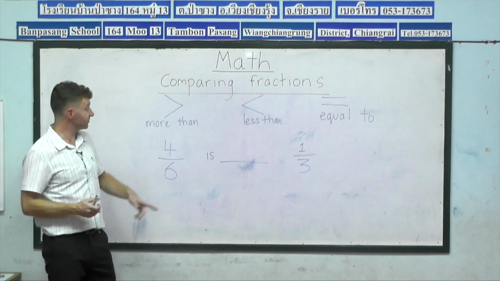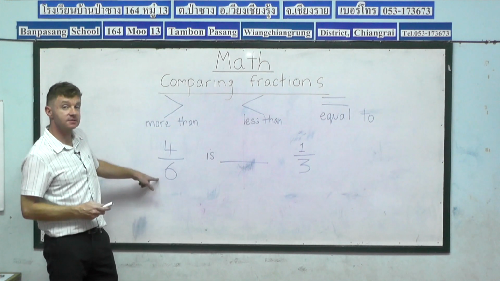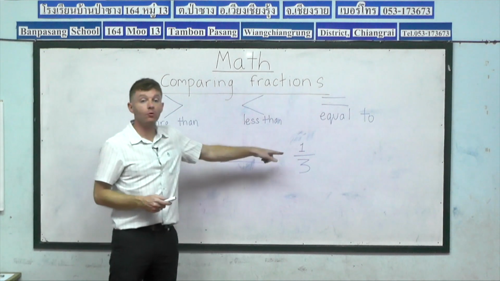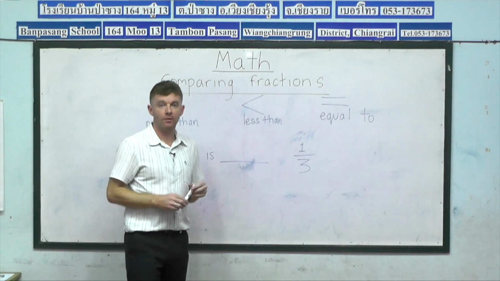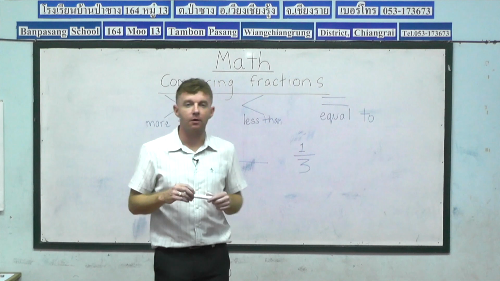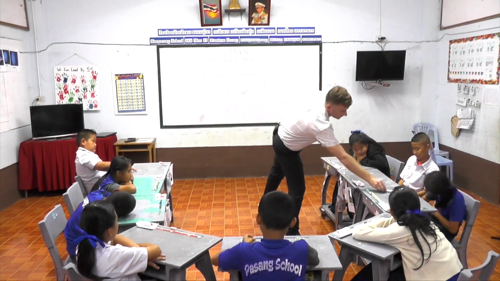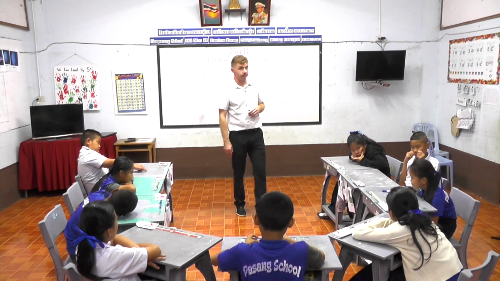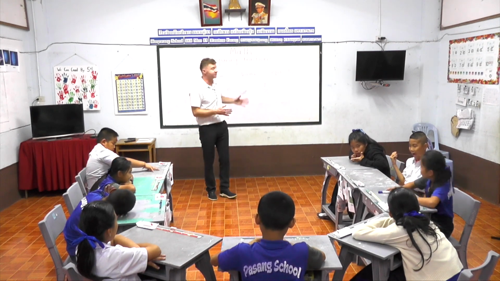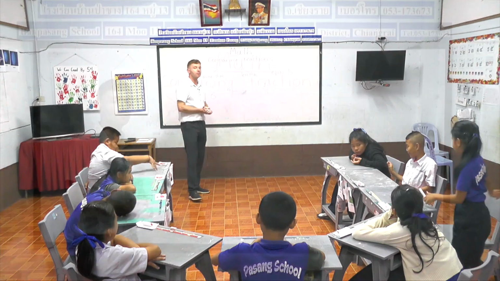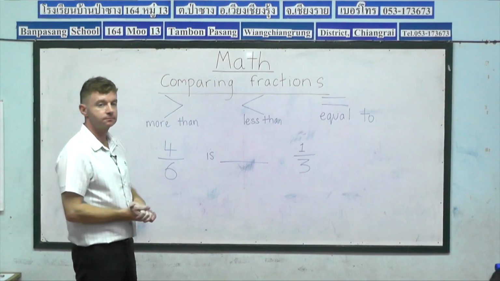So our two fractions, guys, 4/6, 1/3. Okay, so let's see who can come and work out this fraction for me. And now it's Prau's turn. So Prau, come and join me at the front and demonstrate by comparing these fractions.